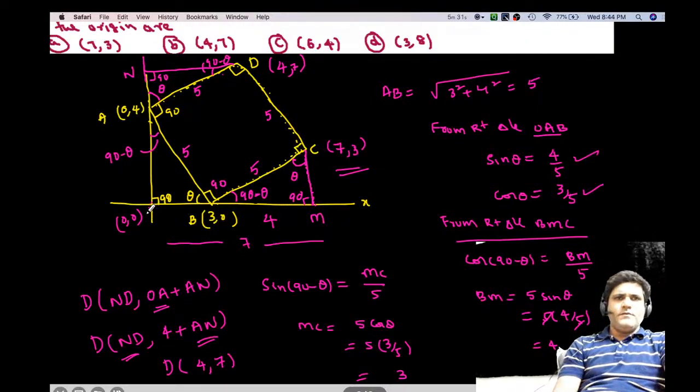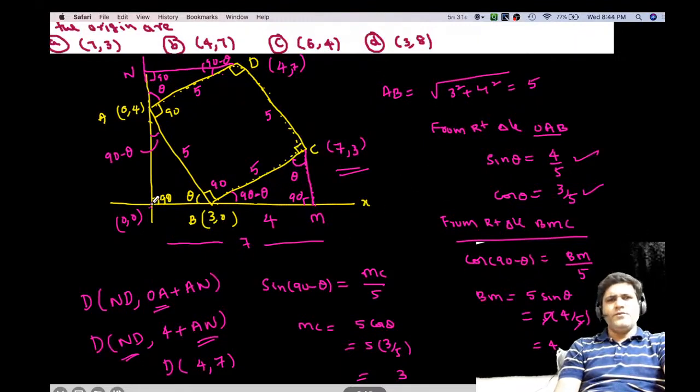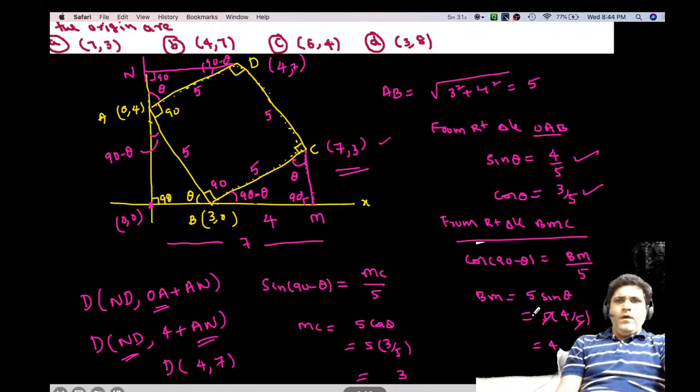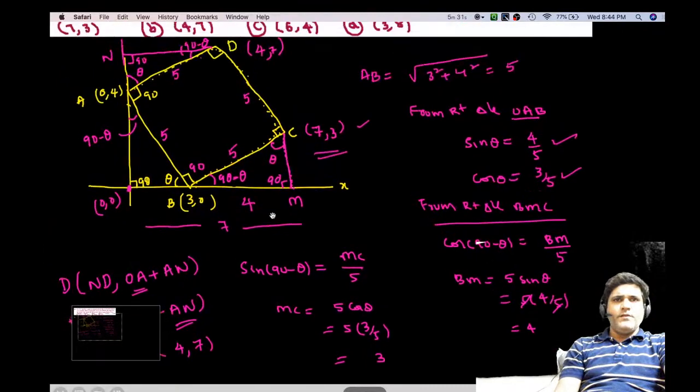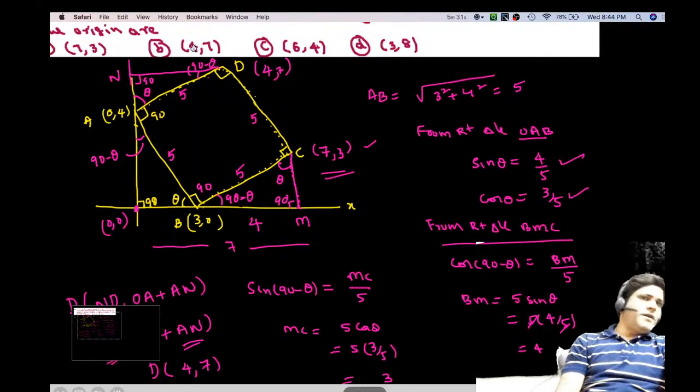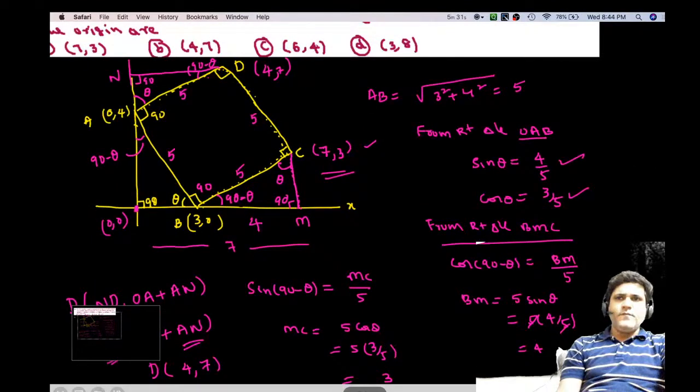Use the distance formula. Distance from origin to 4 comma 7 will be the greatest, therefore the answer is 4 comma 7.